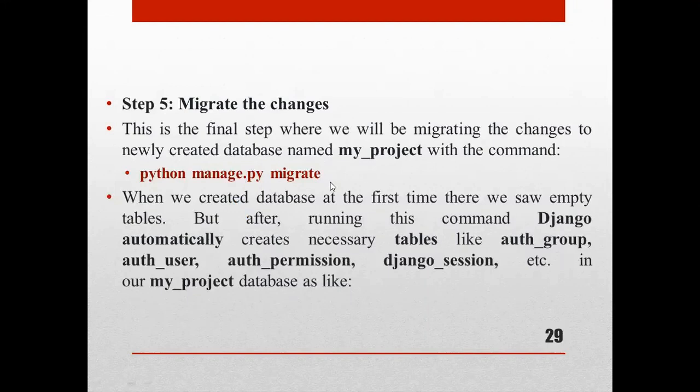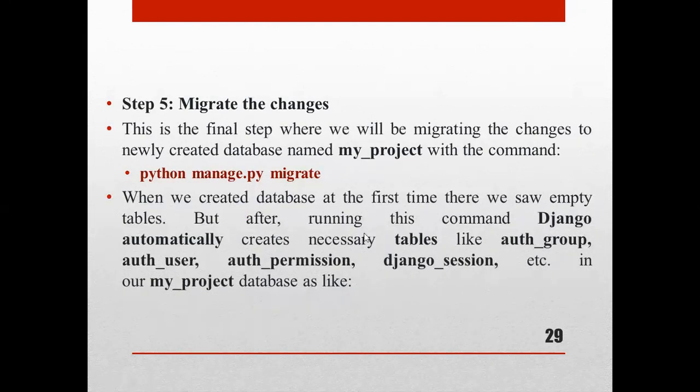When we created the database the first time, there we saw some empty tables. But after running the migrate command, Django automatically creates necessary tables like auth group, auth user, permission, and django session in our my project database.